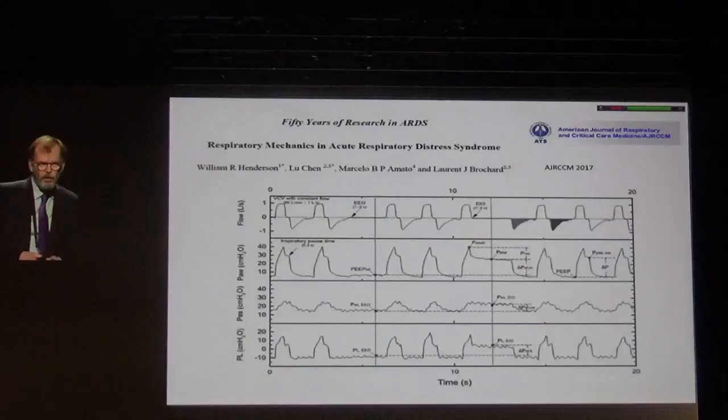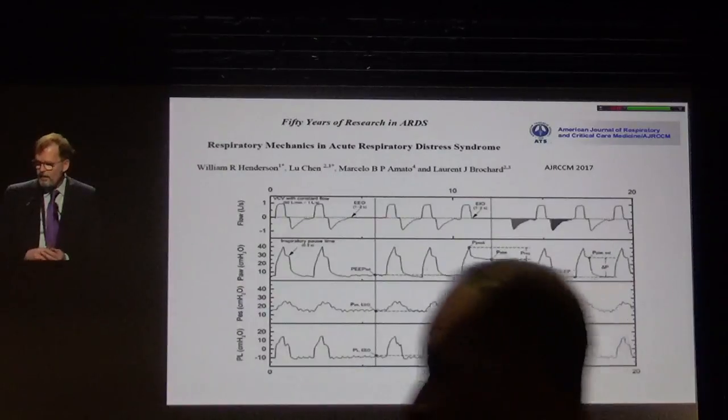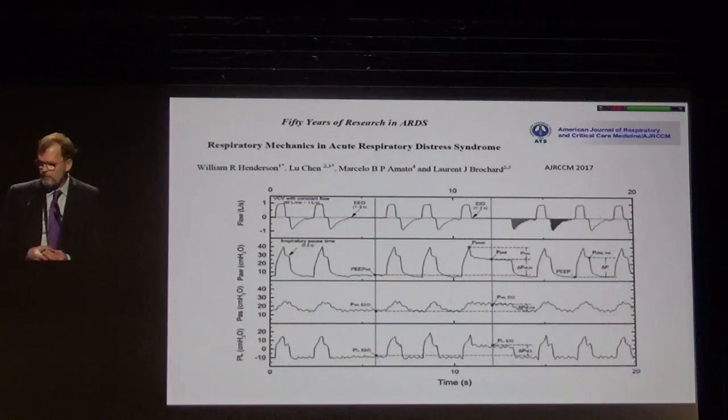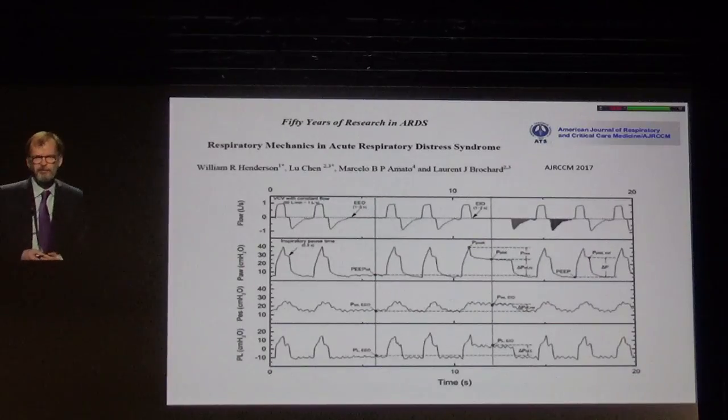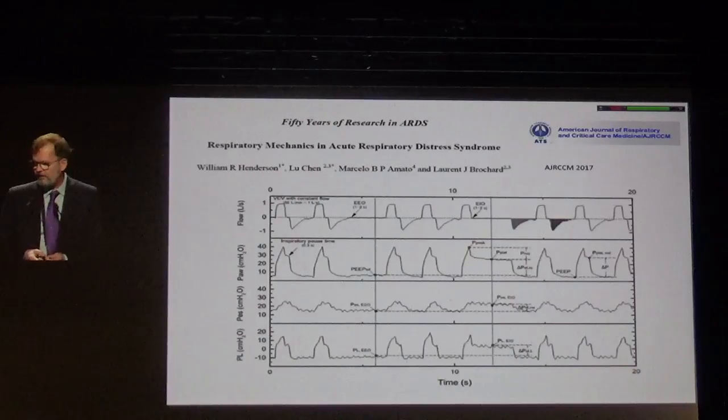The third curve is the esophageal pressure obtained at the bedside with a very simple esophageal catheter. And the fourth curve is the difference between airway minus esophagus pressure, which is called PL, L for the lung. It's a transpulmonary pressure, which is directly displayed on the ventilator.